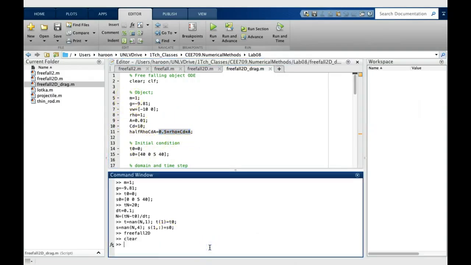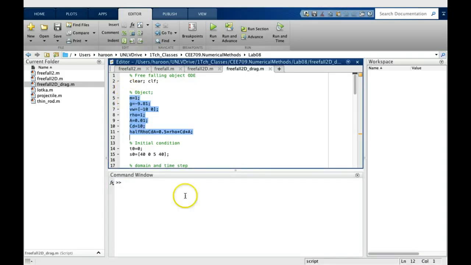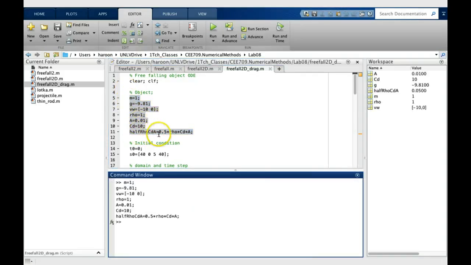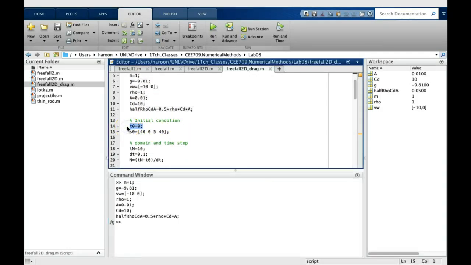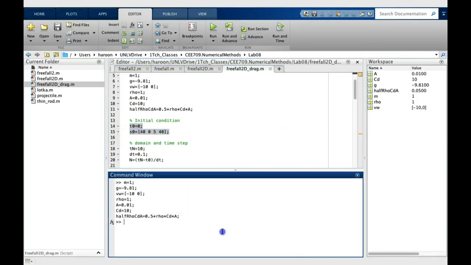So let's implement this and see what we get. So we have half rho CdA and mg. And again, at the initial condition at t equal to 0, we know the position.